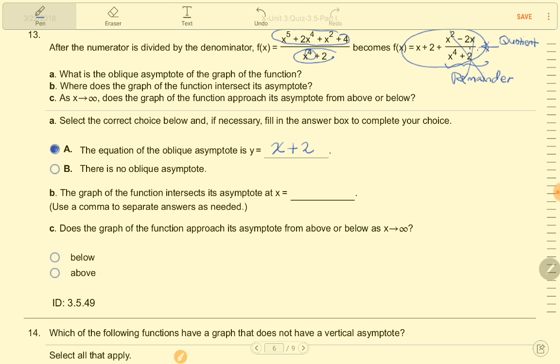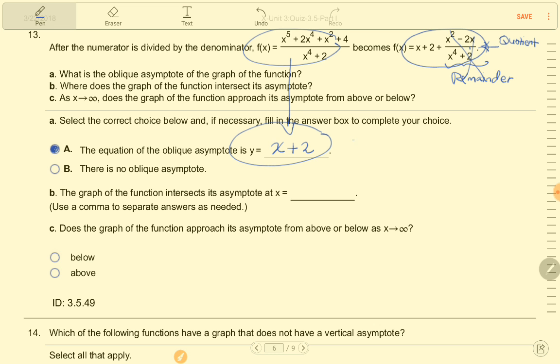The graph of the function intersects its asymptote at x equals what? Let's see if this function intersects with its asymptote. If they intersect, they share a point. So if we set them equal to each other and solve for x, we'll figure out which x value they share.